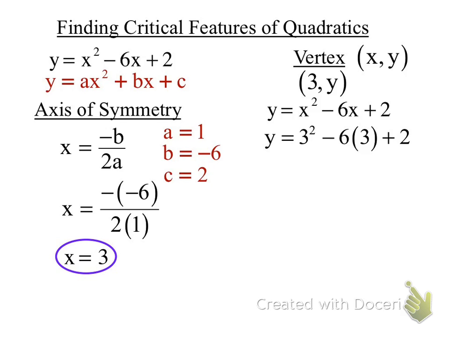So y is equal to what? Negative 7. So now, y is equal to negative 7. So, what is my vertex? 3, negative 7. Stacy. 3 comma negative 7. So now I have my vertex.